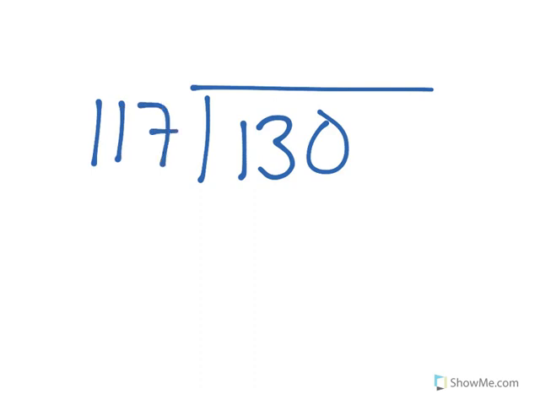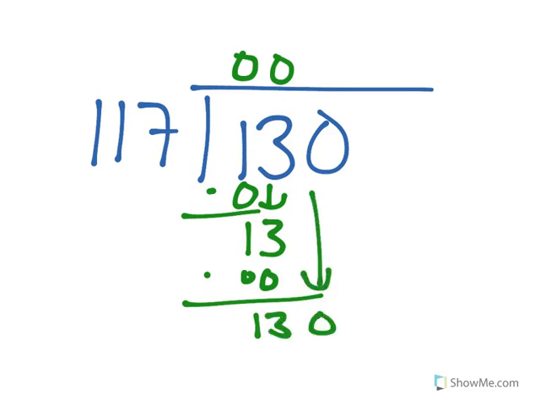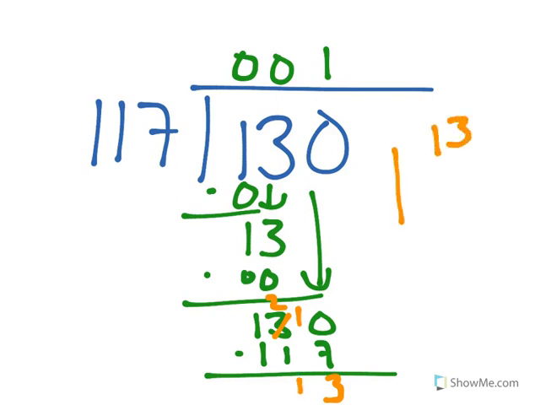And I'm going to divide it out. 117 does not go into 1. 117 does not go into 13. 117 will go into 130 one time. I have to subtract, so I have to borrow. So when I get this problem, I get 1 13 over 117.